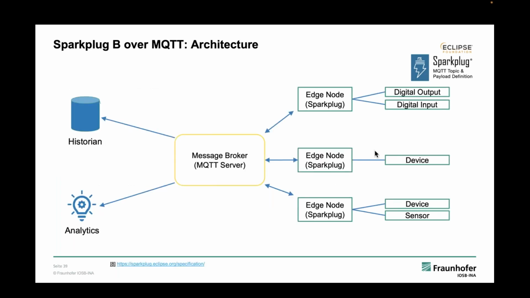The Sparkplug architecture looks like this. We already saw this basic PubSub-based IoT architecture. Here we also have our MQTT broker, where we connect different systems like Historian and Analytics on the left. Then we connect devices via so-called edge nodes in Sparkplug to this message broker.